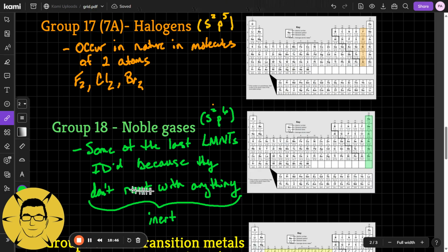Okay, and that's why they're called noble, because they don't react with anything. Another word for that is inert. They are inert gases. They just exist naturally the way they are, and they've been that way for millions and millions of years.